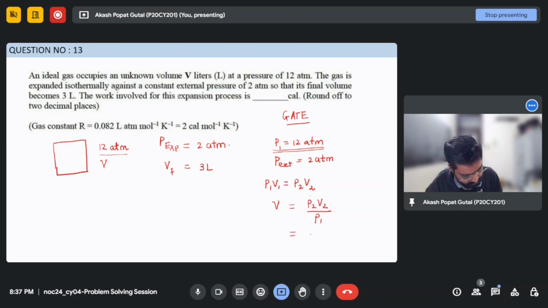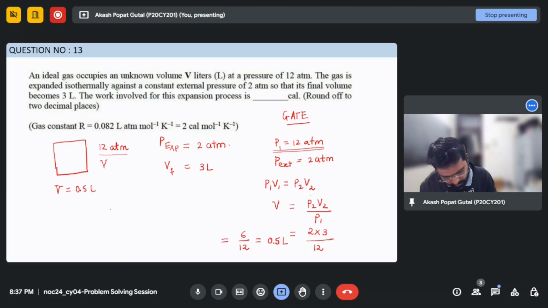P2 is 2, and the volume is 3 liter, divided by P1, which is 12 atm, which gives 0.5 liter. So the initial volume V that they have given is 0.5 liter.